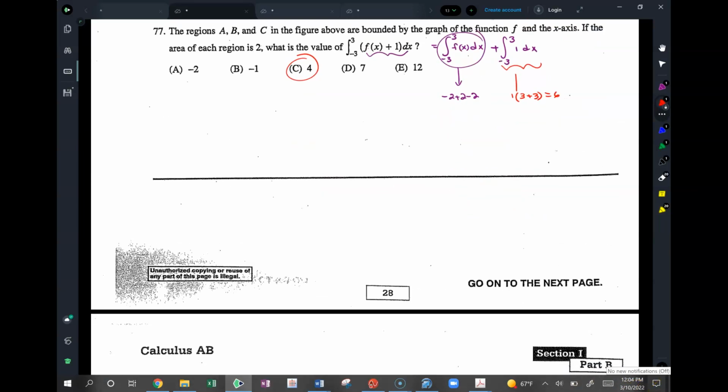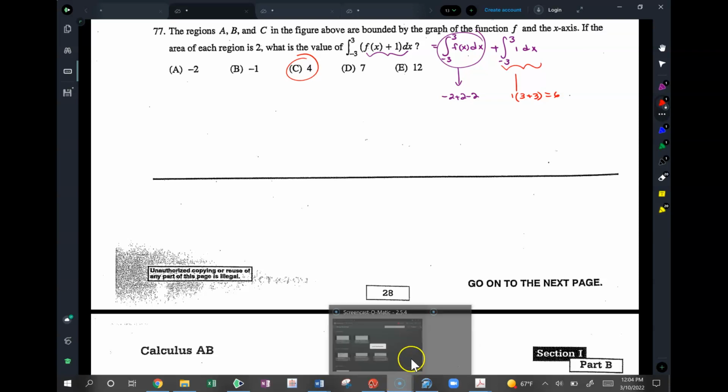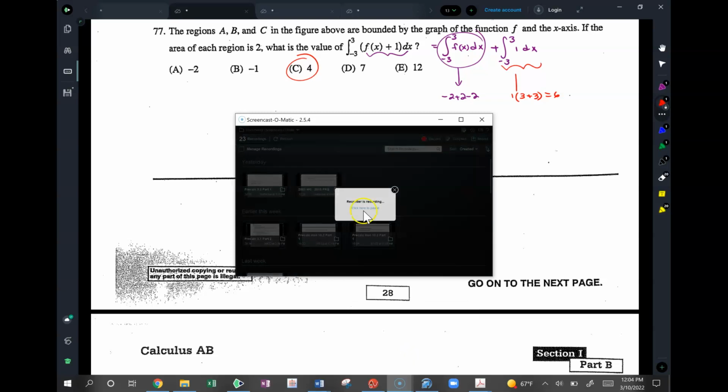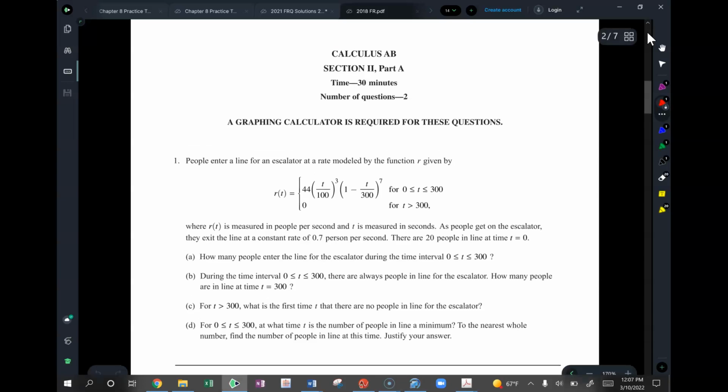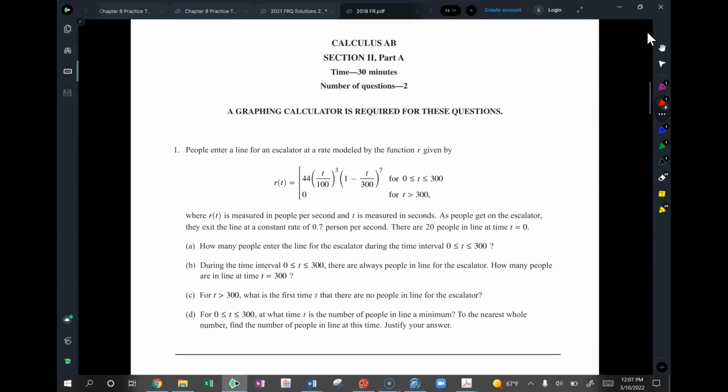Okay, let's go to the 2018. So this is a calculator question. People enter a line for an escalator at a rate modeled by the function r given by this. And again, this is 2018 number 1.